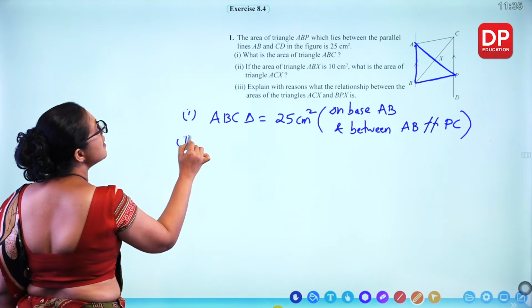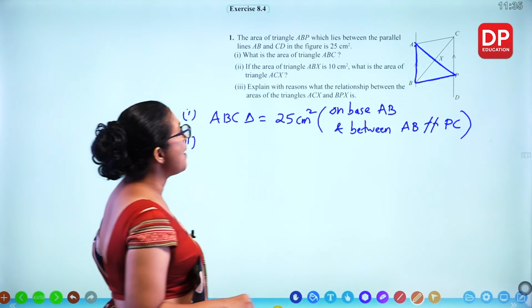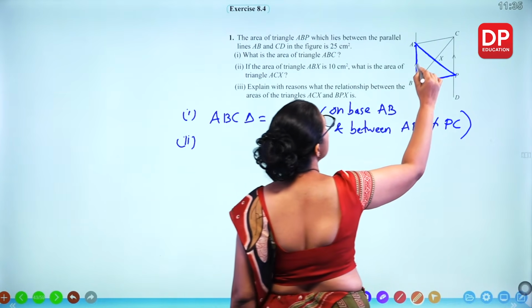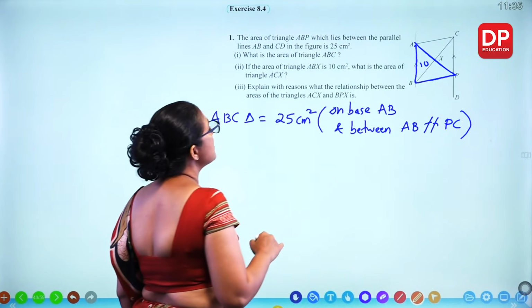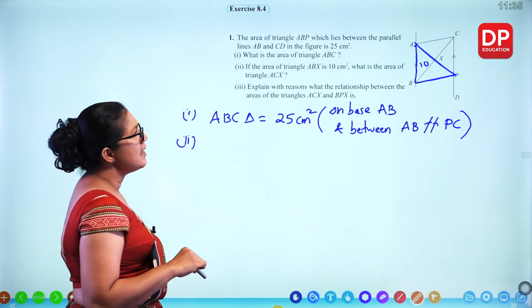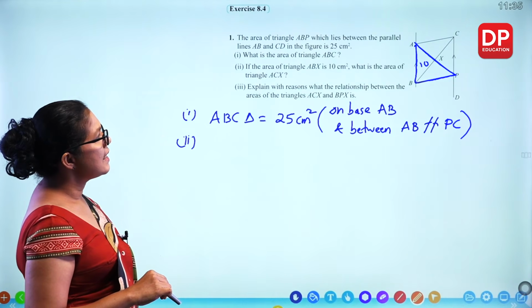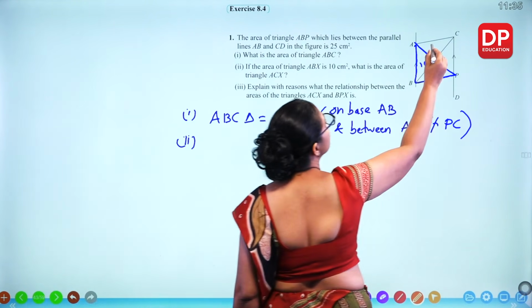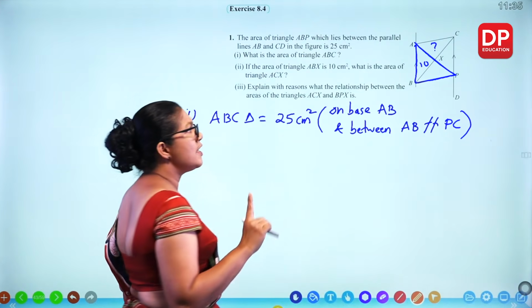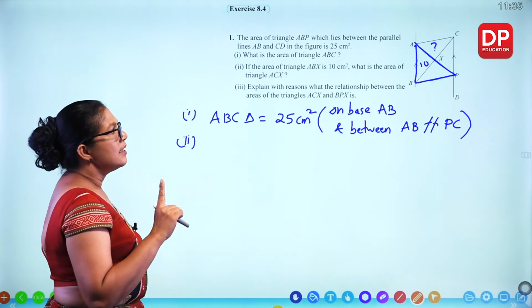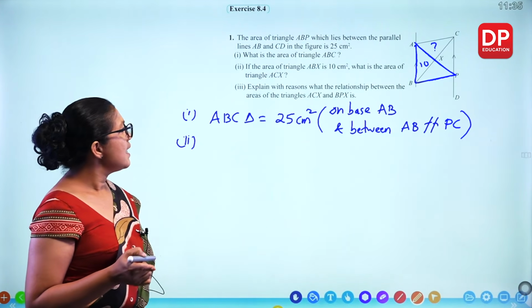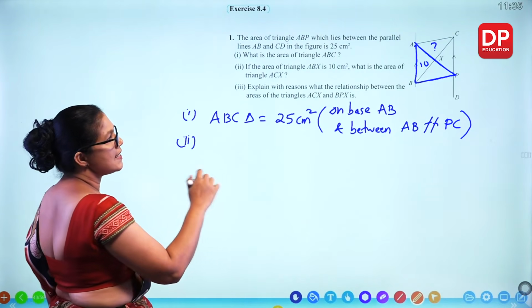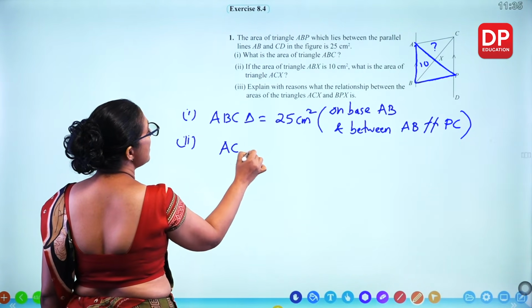Second part, if the area of triangle ABX, this part is 10 now. What is the area of triangle ACX? This part. We know that ABC area is 25. So how can you get ACX area?